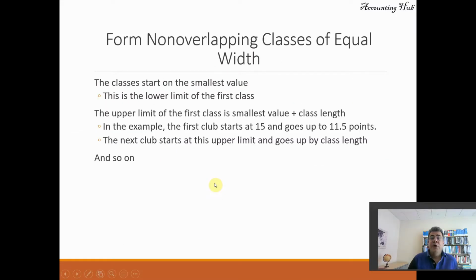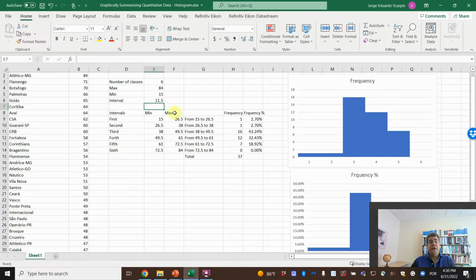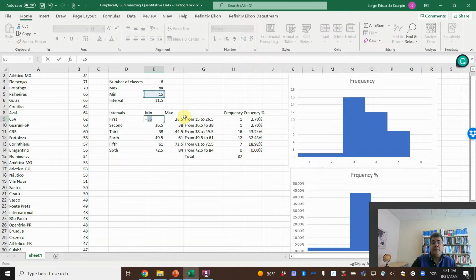And now, form non-overlapping classes of equal width. The classes start on the smallest value. This is the lower limit of the first class. The upper limit of the first class is the smallest plus the class length. So how do we do that? The first one starts with the minimum number, 15.